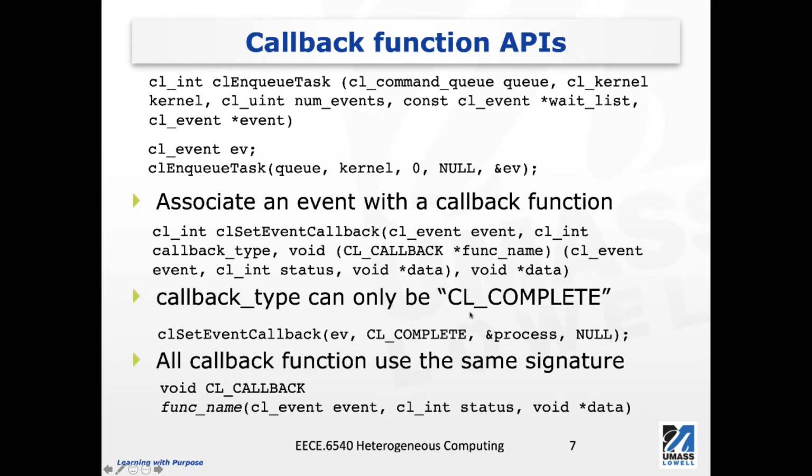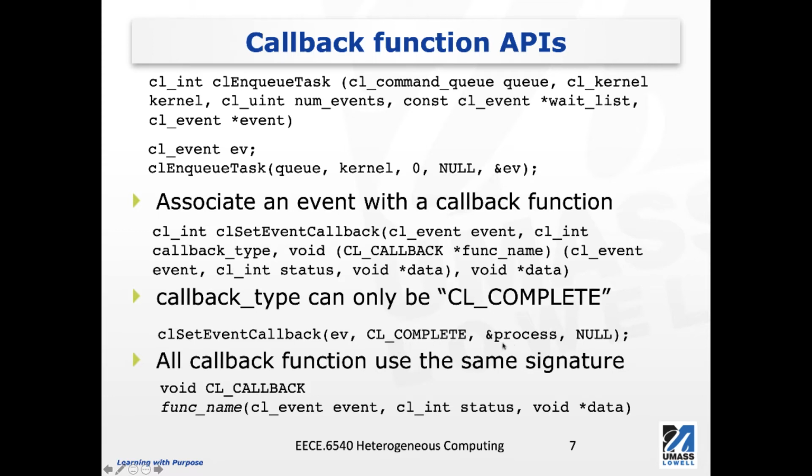The callback type can only be CL_COMPLETE because we only trigger the callback function when the command reaches the complete status. For example, in this case, we can say clSetEventCallback ev, which is the event we declared and associated with this enqueue task API, and the callback type is CL_COMPLETE.